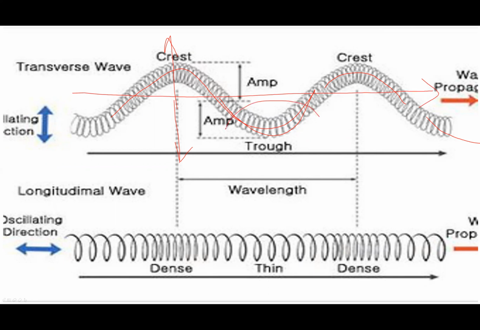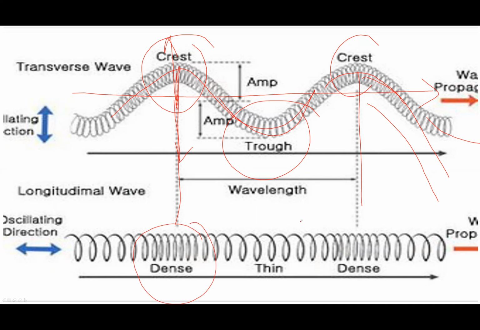This region is called trough. This is called crest. Crest, trough, wavelength. This and this, because after this the wave repeats itself, is a wavelength. This region is called compression.